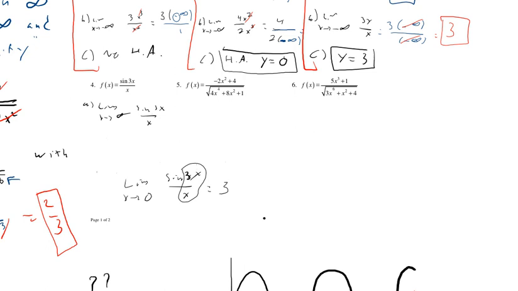Over time, those bounces get smaller and smaller. It looks like this is getting closer and closer to 0. Right? It looks like the limit should be 0. But how do we tell? How can we be sure?